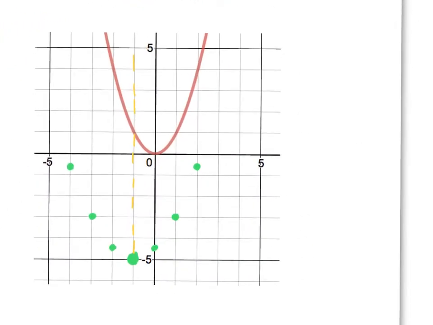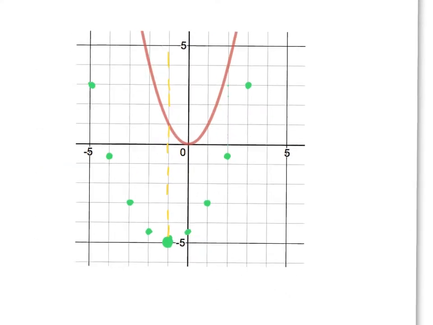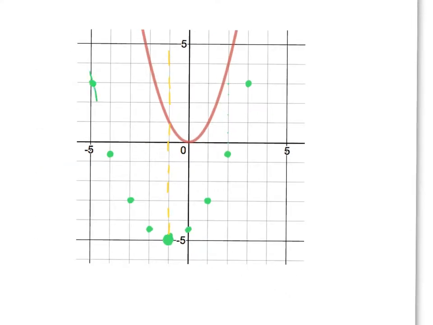So there's 1, there's 2, there's 3, and there's 1/2, and we go right 1 and reflect across. So notice that my green curve here, my parabola, is a little bit more wide than the red parent graph there.